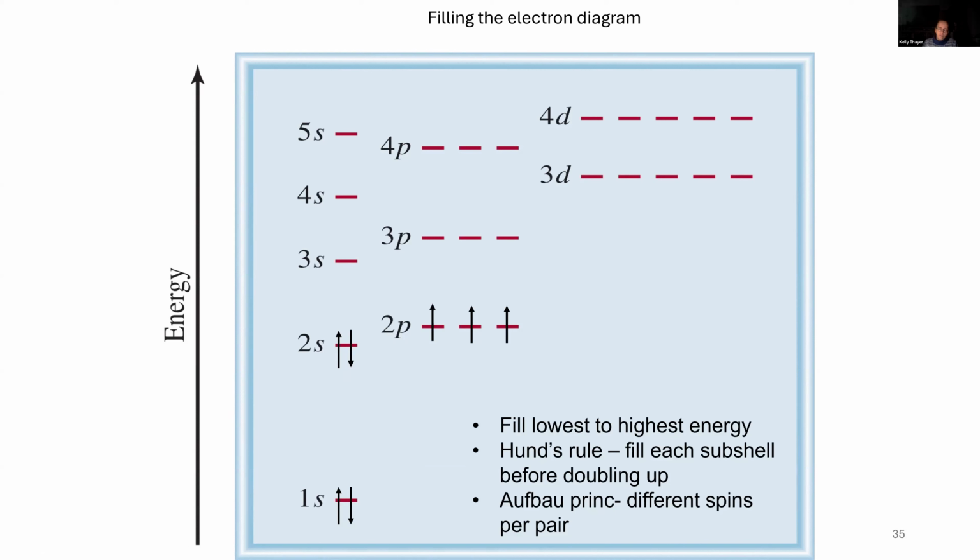Now the 2px, 2py, and 2pz, so here your x, y, and z orientations are going to allow for some more space. Now, which atom is this actually? We have 1, 2, 3, 4, 5, 6, 7. I do believe this is a nitrogen. So in the 2p, as we're filling the upper electrons, what we're going to do is we first put 1 per position, right?